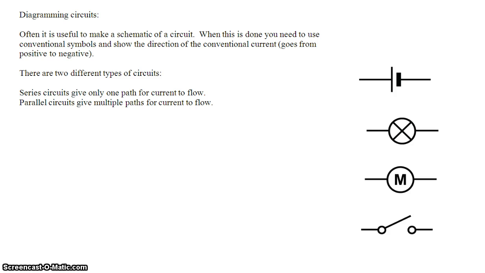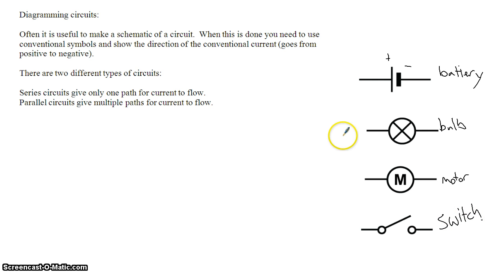So some common symbols: this symbol means a battery, and this is the positive side of the battery, and the other one's the negative side. This would be a motor. I actually can't remember if this is like a bulb or something. And this is a switch.